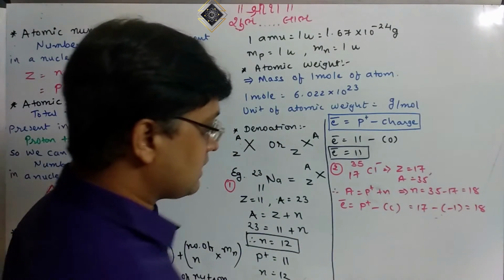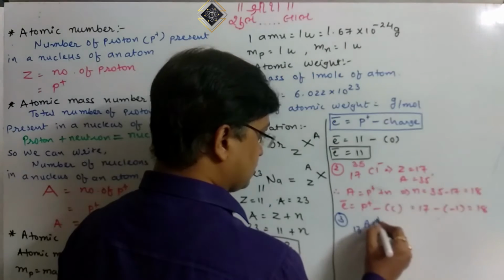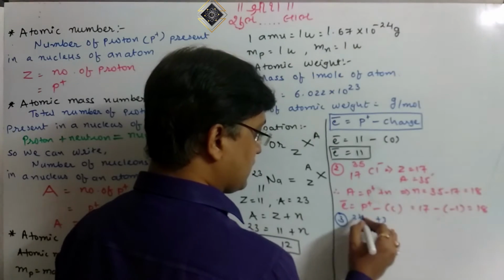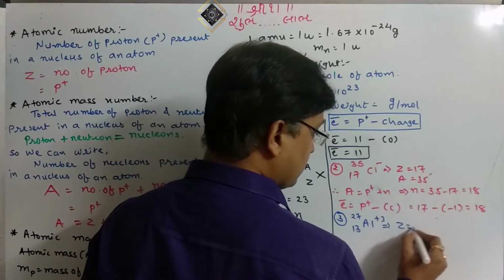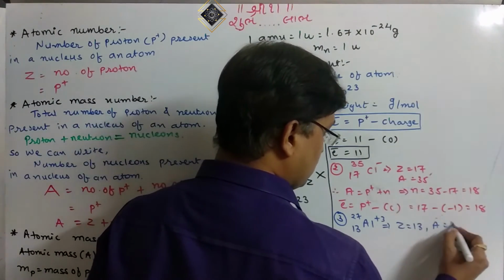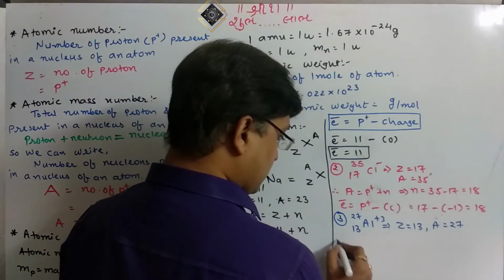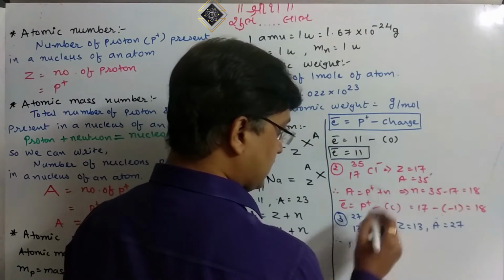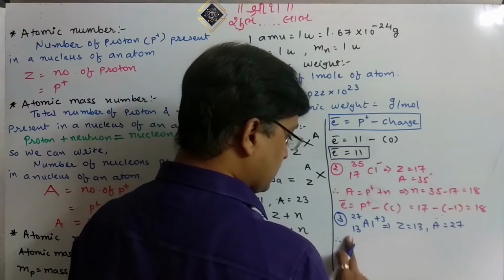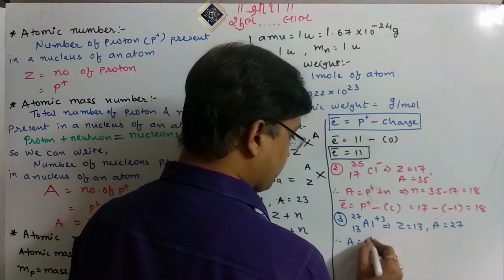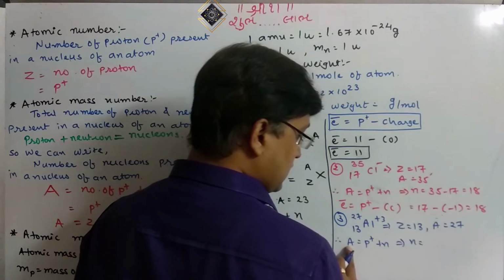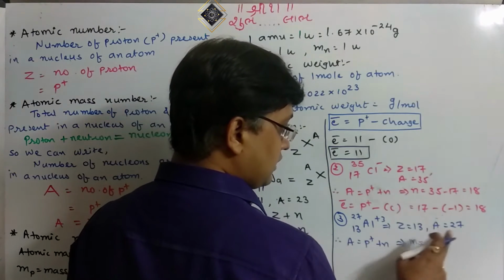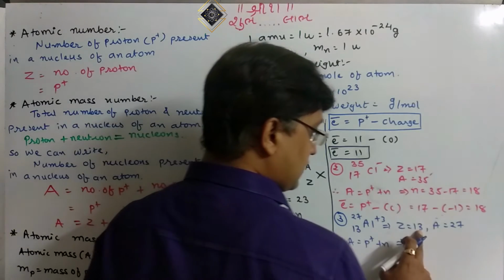Let's take one more example for this. 13 aluminium 27 plus 3. As we discussed, Z is equal to 13. A is equal to 27. Therefore, protons that we have are 13. A is equal to proton plus neutron, which implies that neutron is equal to A minus P. A is 27, P is 13.